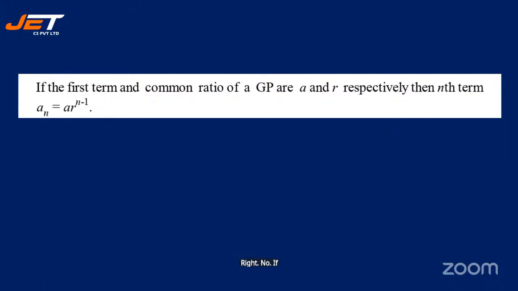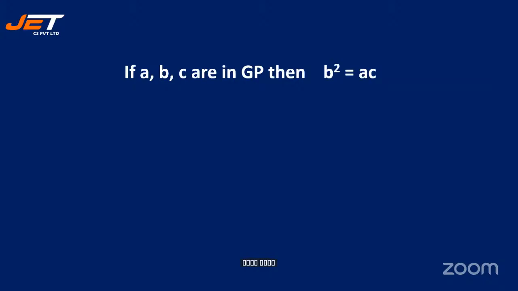If the first term and common ratio of a GP are a and r respectively, then the nth term, an, is equal to a r to the power n minus 1. Now if A, B, C are in GP, then B square is AC. What did we do for AP?